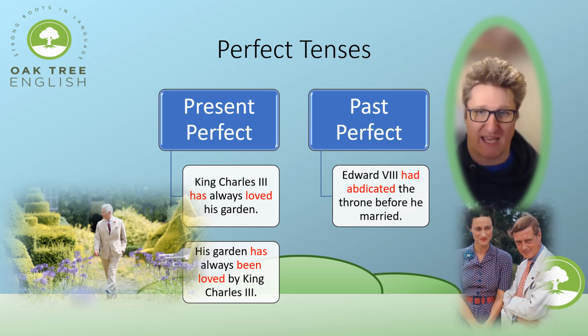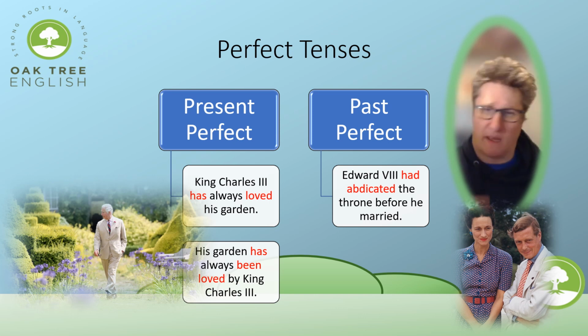There he is, Edward VIII, and he married an American divorcee called Wallis Simpson. But he couldn't do that and remain king, and certainly not head of the Church of England. Edward VIII had abdicated the throne before he married.